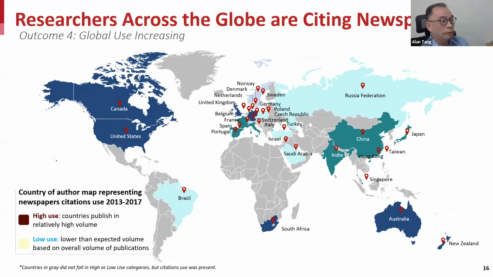And from the world map, it gives you an overview on the geographic usage, global use. No surprise, the high usage is in North America and also Australia, which are the English-speaking countries.